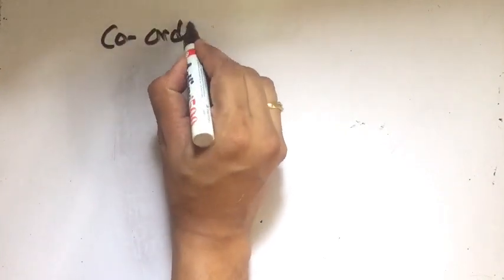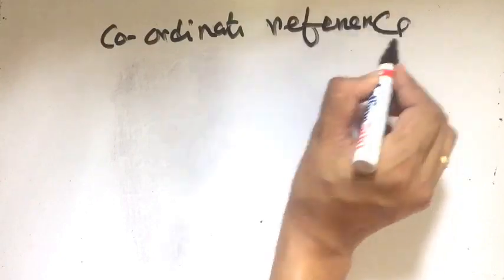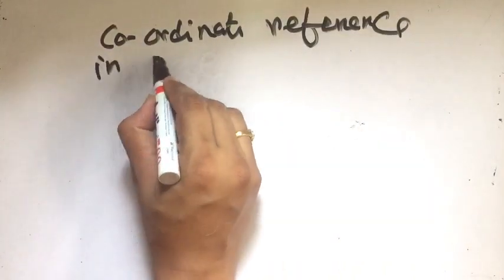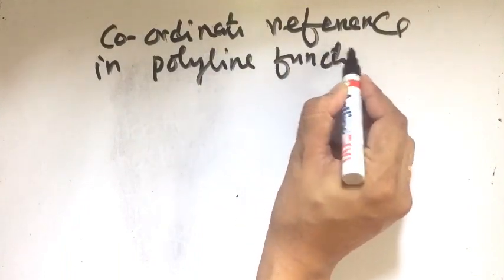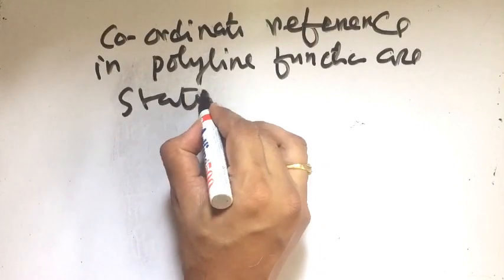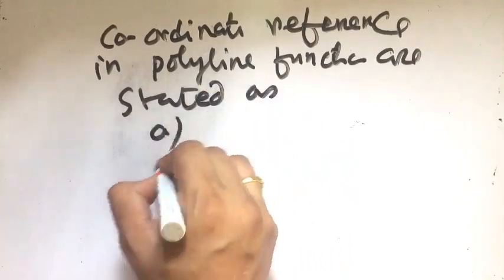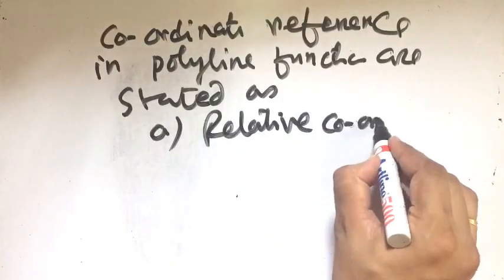Coordinate references in the polyline function are stated as: Option A, relative coordinate.